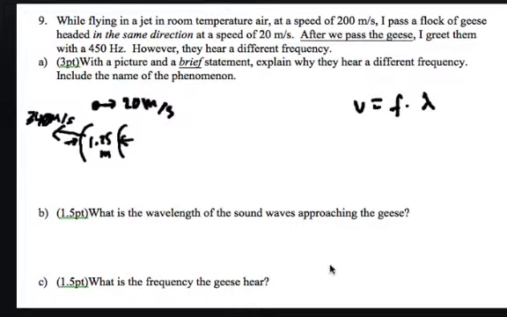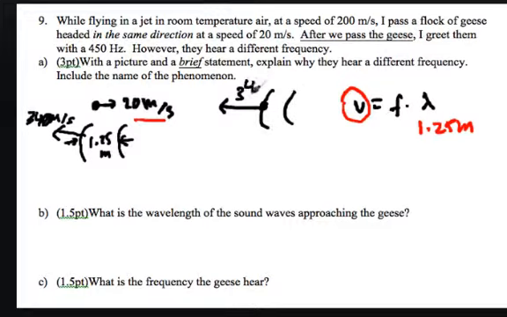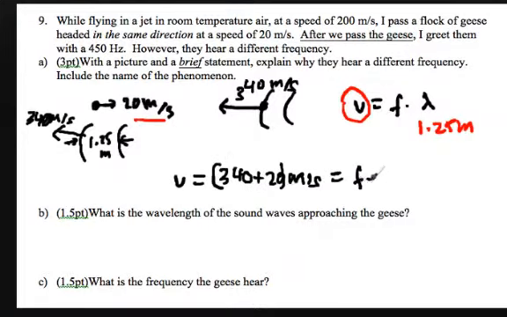We know this wavelength to be 1.25 meters. What is the frequency? Well, what is the velocity here? It's the combined velocity of the geese coming at the sound plus the waves moving in this direction at 340 meters per second. The velocity now is 340 plus 20 meters per second, and that equals the frequency times this 1.25 meters.